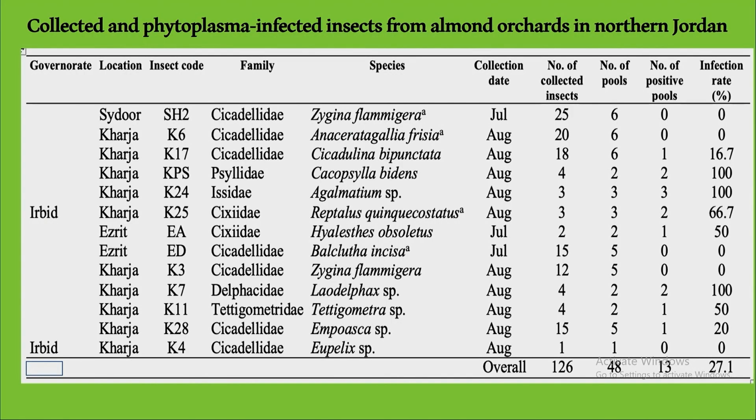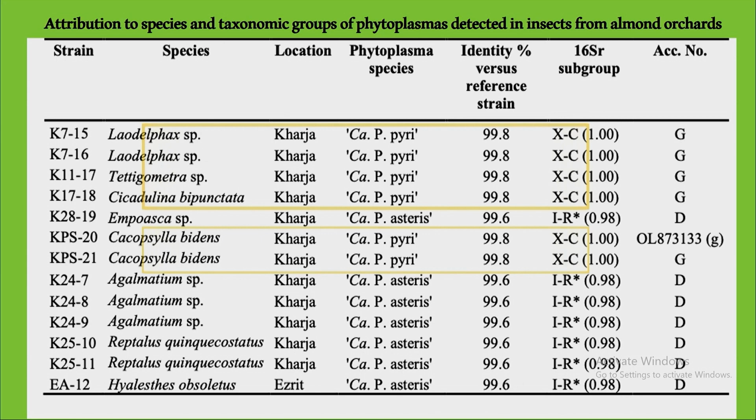Regarding the insects, we collected around 12 insect taxa belonging to six insect families, and the infection rate ranged from 16.7 up to 100%. We detected only 2 Candidatus phytoplasma species in the insects, Candidatus phytoplasma beri and Candidatus phytoplasma astris.